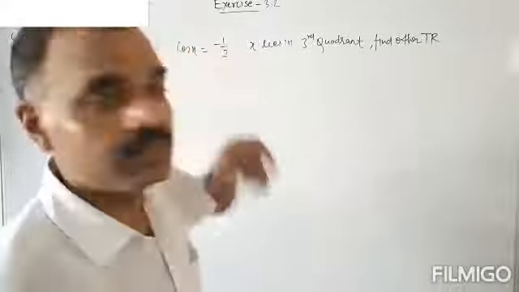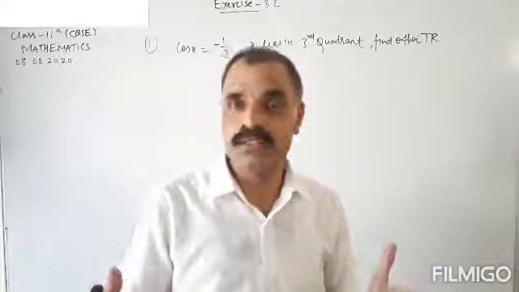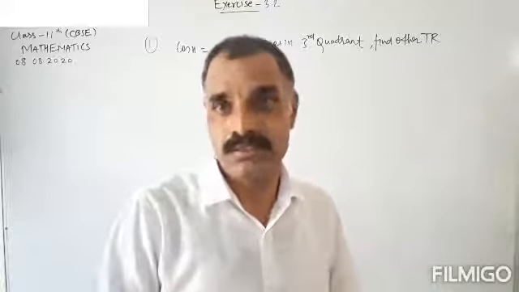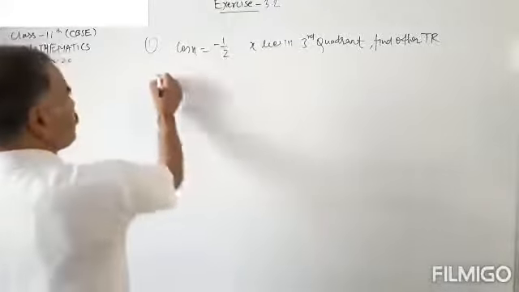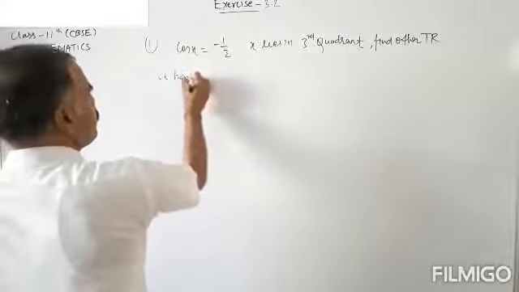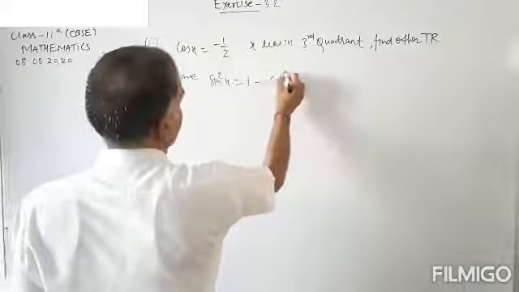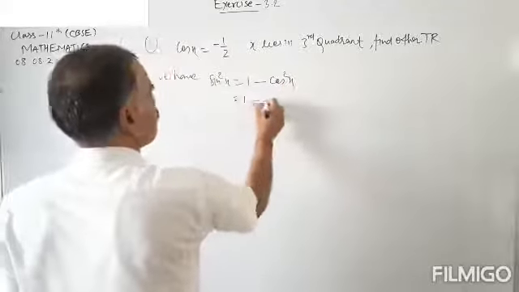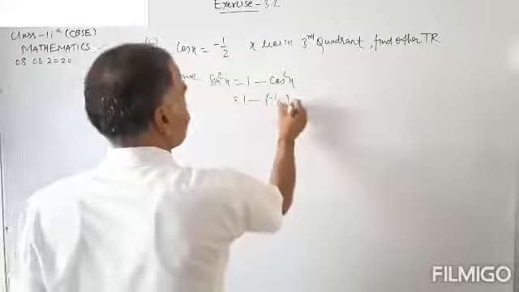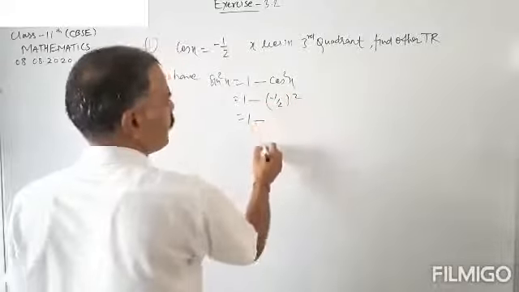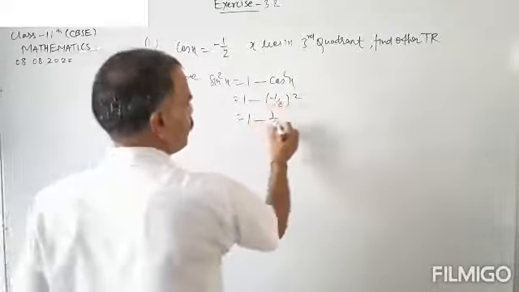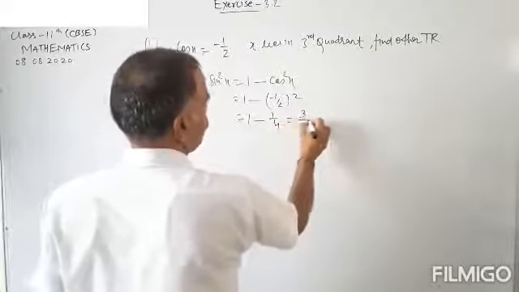Here we can use the trigonometric identity sin square theta equals 1 minus cos square theta. So sin square x equals 1 minus cos square x, that is 1 minus (minus 1 by 2) square, that is 1 minus 1 by 4, which equals 3 by 4.